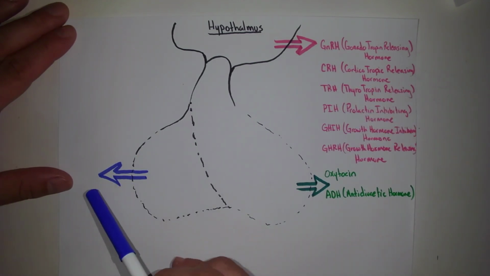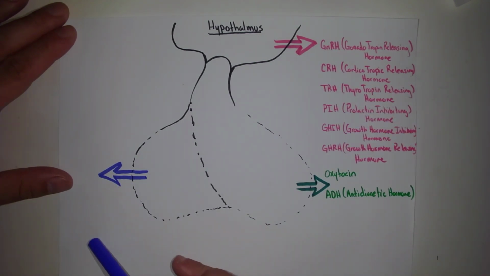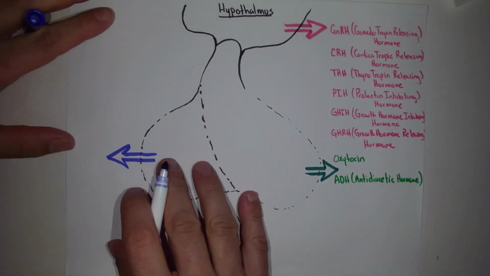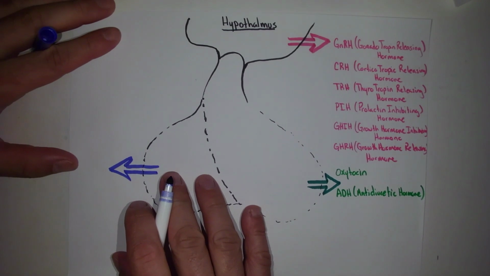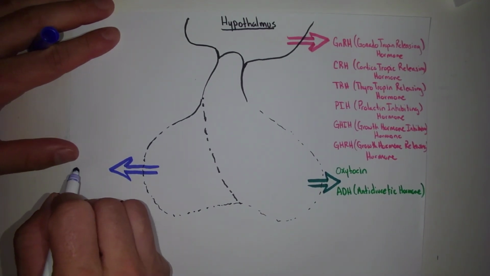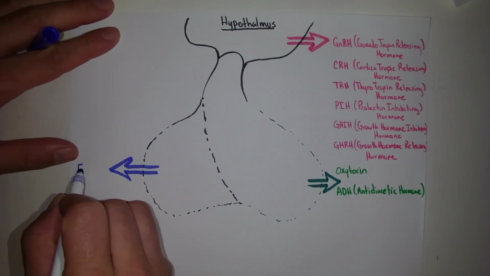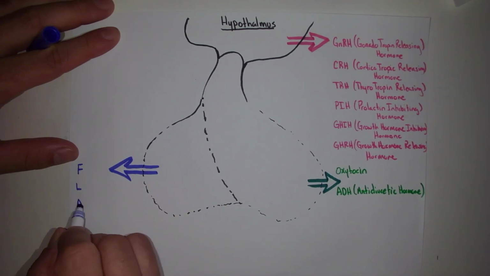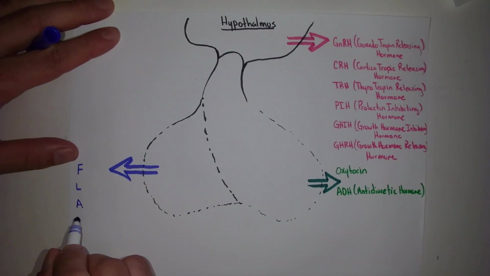And let's go ahead and fill in the anterior pituitary hormones and the posterior pituitary hormones. Now, the anterior pituitary hormones I can create using the acronym FLAT PIG.